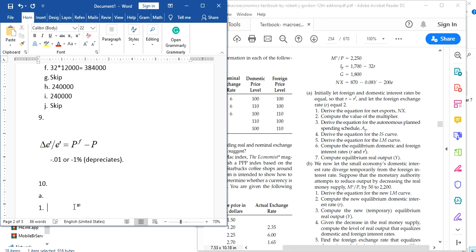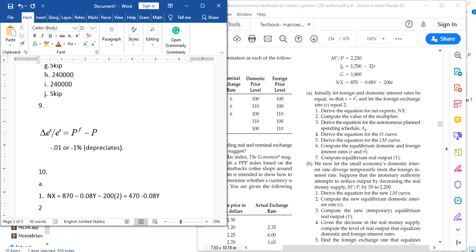Given exchange rate equal to 2, the net export will be 870 minus 0.08 income minus 200, multiplied by 2, which equals 470 minus 0.08Y.